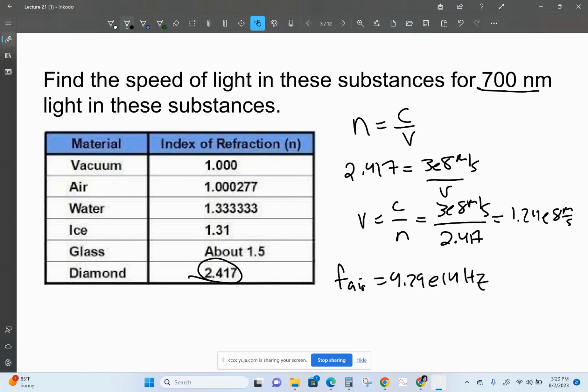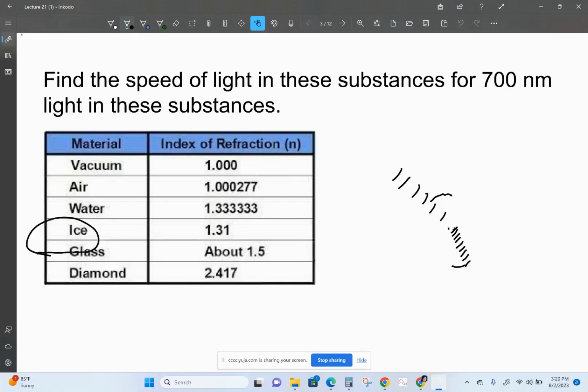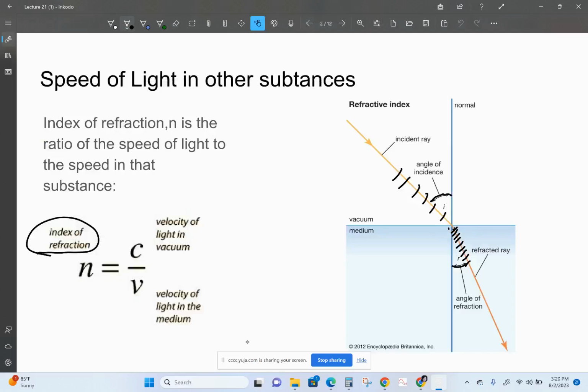So what that means is that, in our diagram here, the wavelength of 700 nanometers is the wavelength in air, or vacuum. When it goes into that diamond, the diamond is more dense electromagnetically, and that wavelength is going to decrease as it goes in, and that's going to cause it to bend. So let's find the new wavelength inside of the diamond.